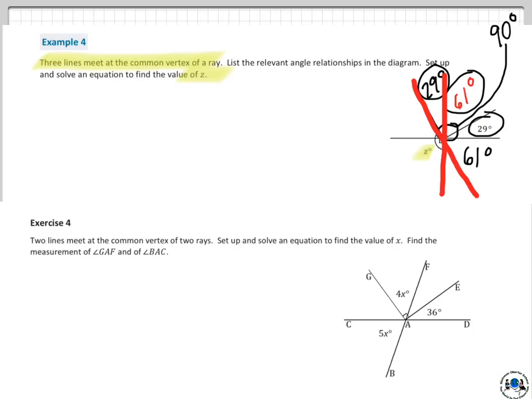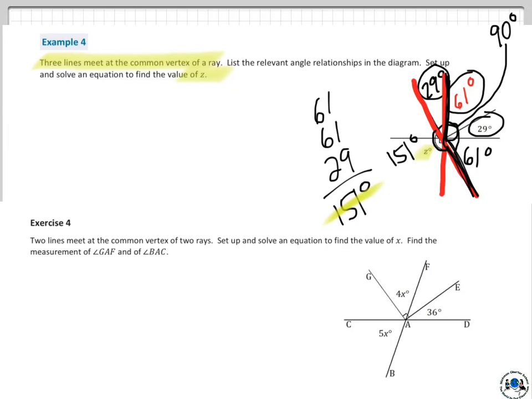I went ahead and noticed that those 2 lines intersecting created 2 vertical angles. And you can see that that vertical angle includes 61, 29, and 61, and that equals up to 151. And if you notice again, let me just draw that again. Here is that one angle right there.